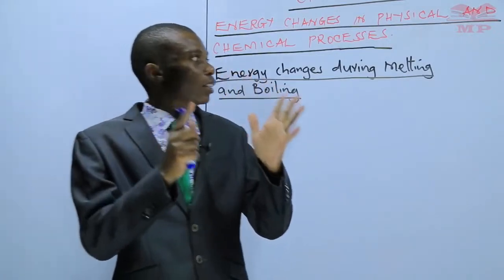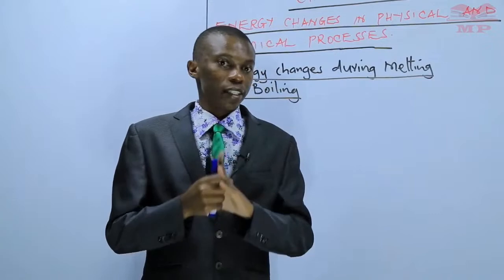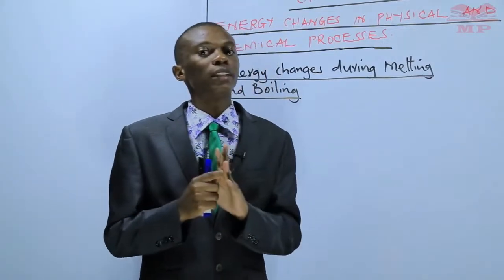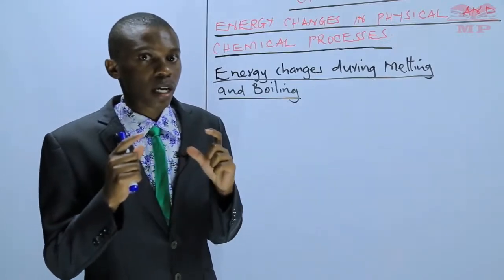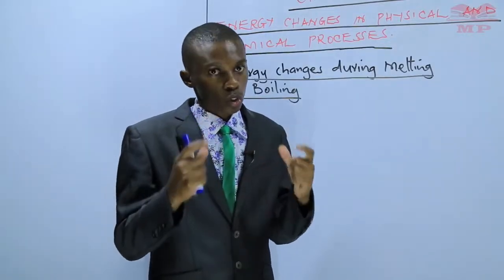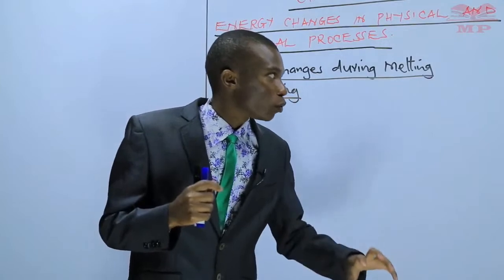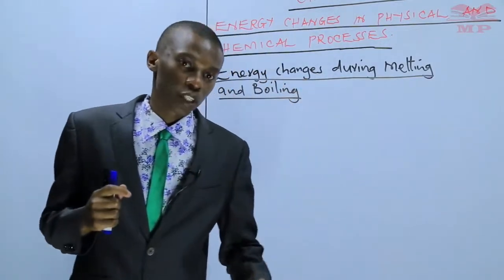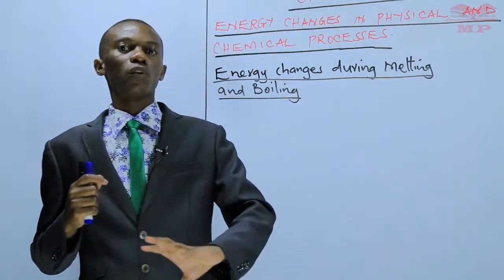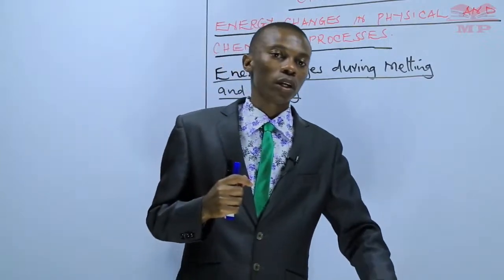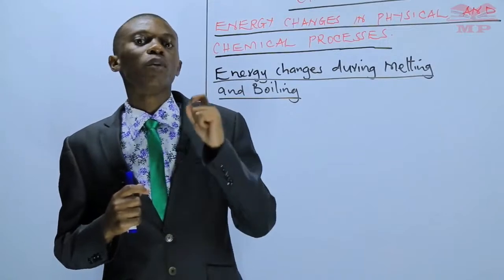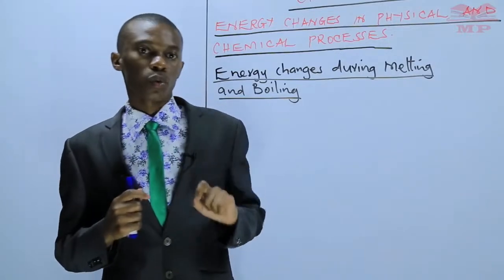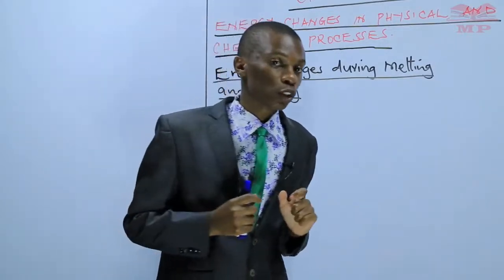And if the molar heat of vaporization is high, then it also means that the intermolecular forces of attraction are strong. When they are low, the intermolecular forces of attraction are low. And when they are high, it means the intermolecular forces holding the molecules together are strong.